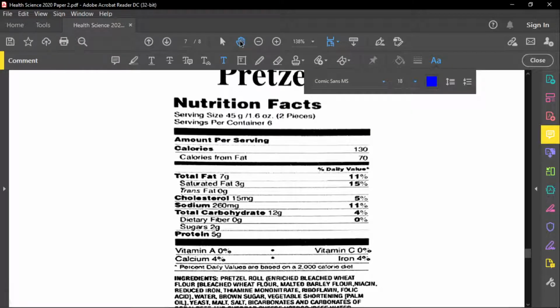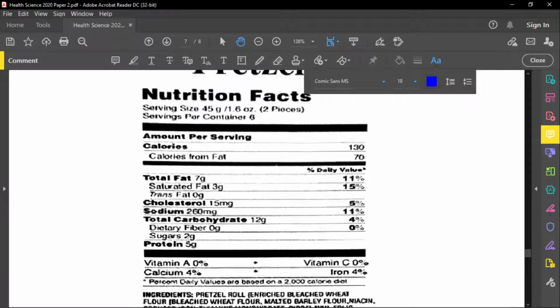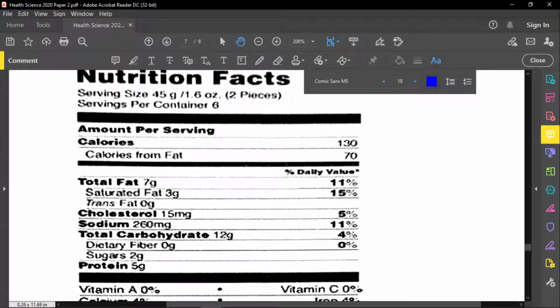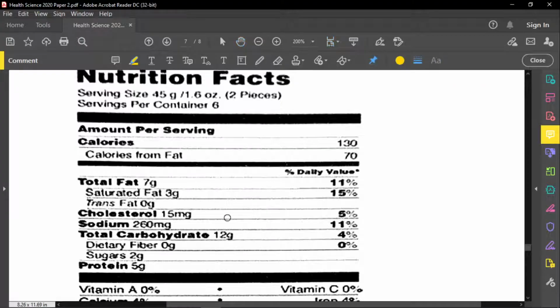Let me zoom into it so you could see it a little bit. Looking for the total amount of nutrients per gram. Carbohydrate is 12 grams. Okay, so let me just highlight that for you. 12 grams here. Fat is only 7. Protein is 5, and sugar is 2. But total carbohydrates is 12.